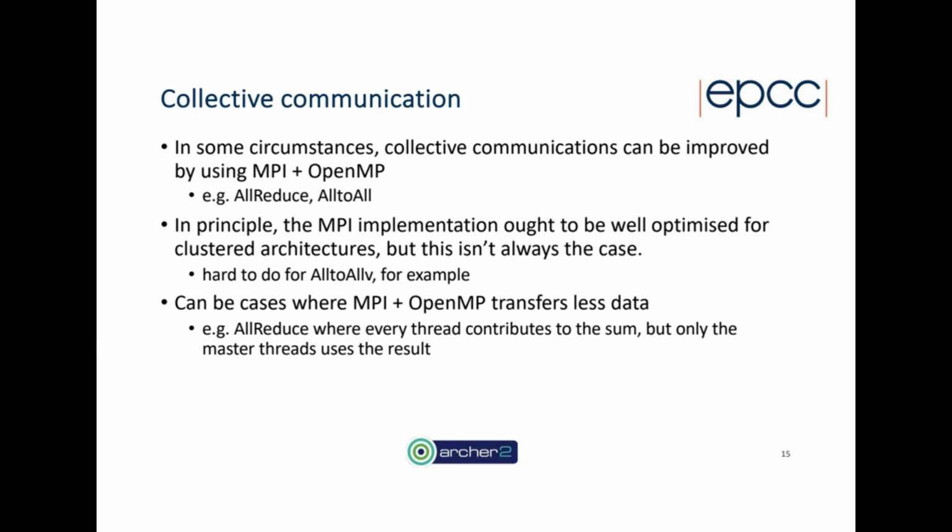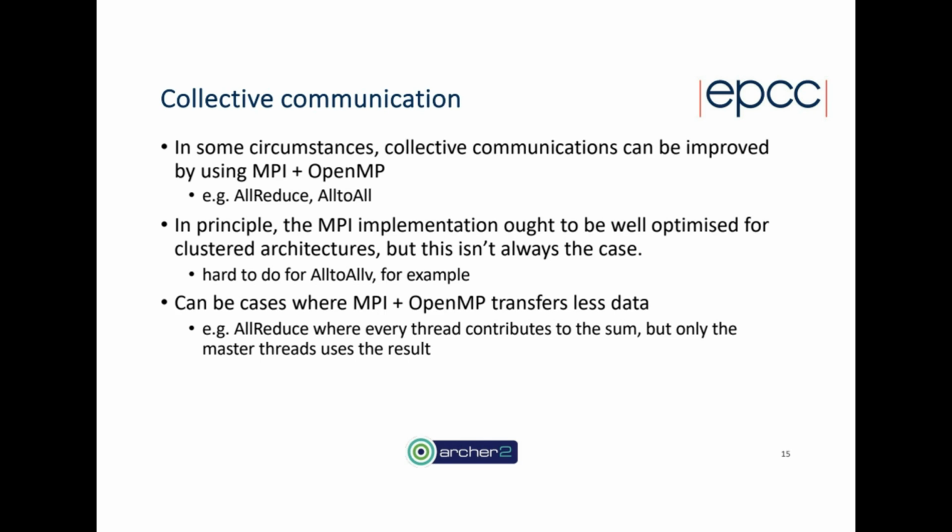It's hard to do for some operations. So things like all-to-all V, where every process communicates a different amount of data to every other process, is actually quite hard to optimize well.